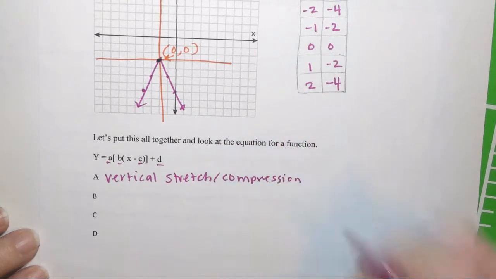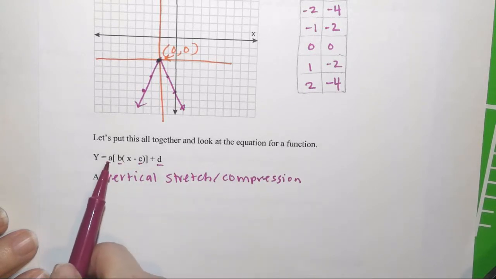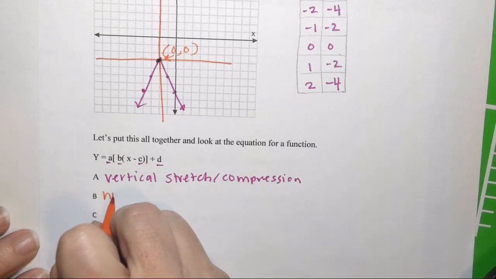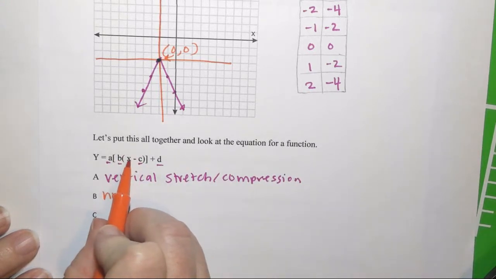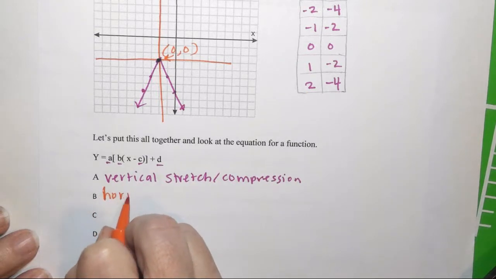Big fractions make us fat. So if you have our vertical stretch and compression on your A value, that's the very first thing in any equation that you might see. Your B value is going to be your horizontal, because it's attached to your x. If you were to use a distributive property, you'd have B times x and B times C. So this is our horizontal.